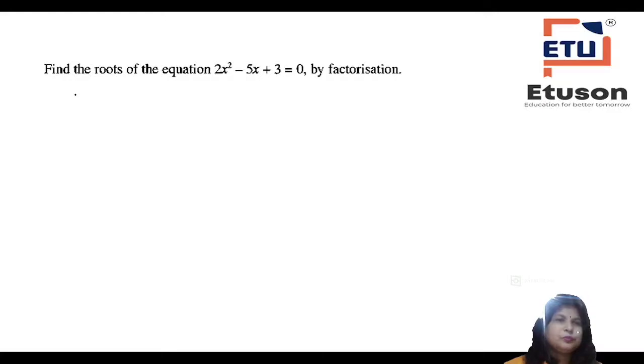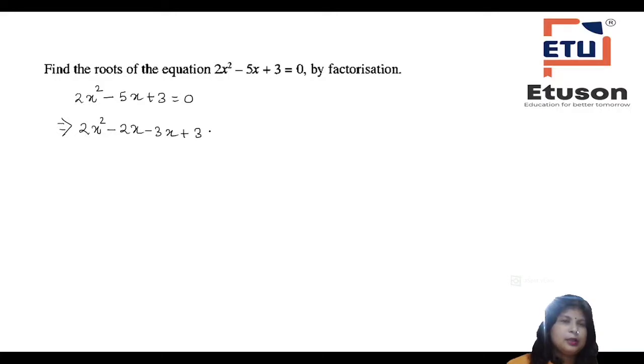So let us write down the equation as it is, that is 2x square minus 5x plus 3 is equal to 0. It implies, I can write it in this way, 2x square minus 2x minus 3x plus 3 is equal to 0, as the sum of minus 2x and minus 3x is minus 5x.